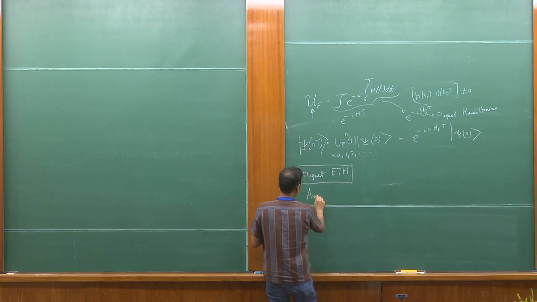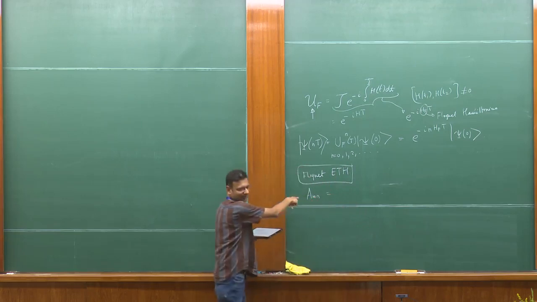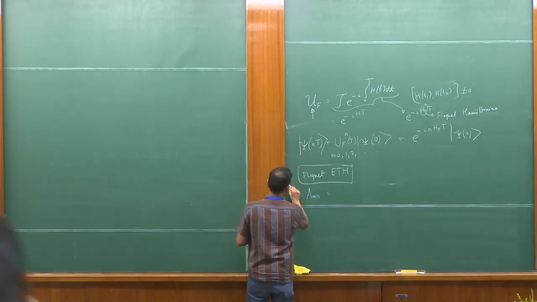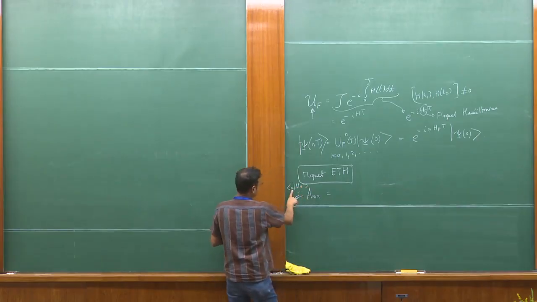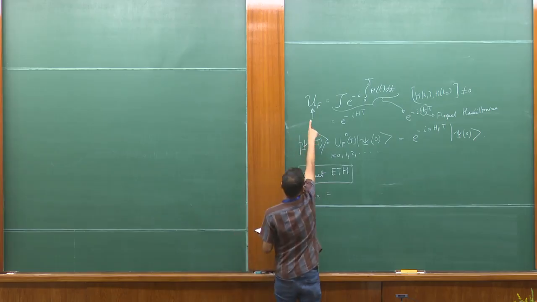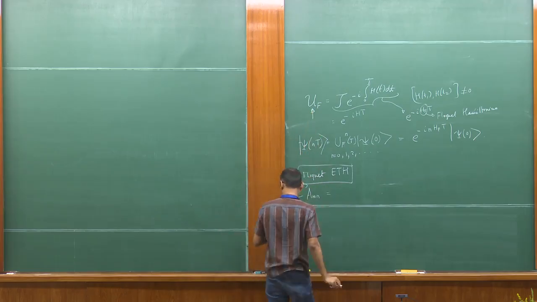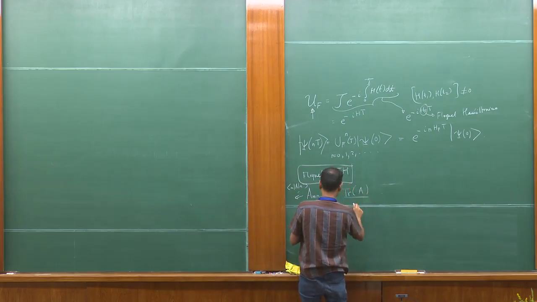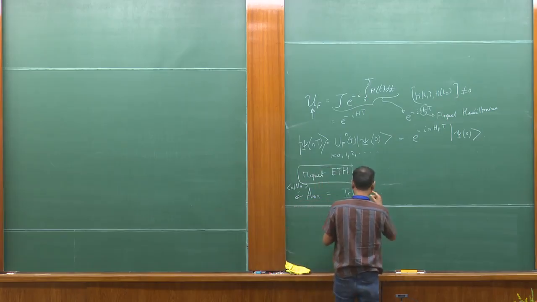I hope you remember this notation. Here m and n are eigenstates of this operator, and this object, statistically speaking, has the following form for a large enough system.